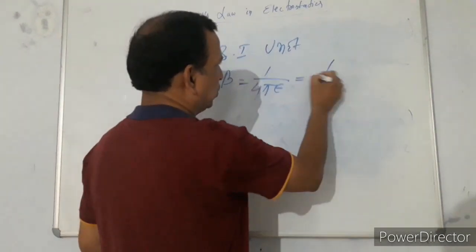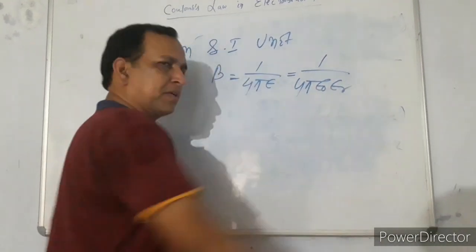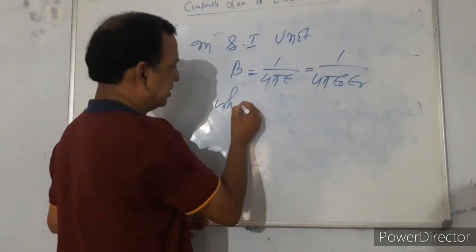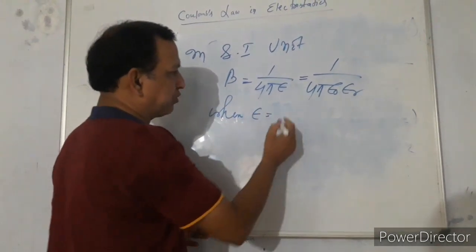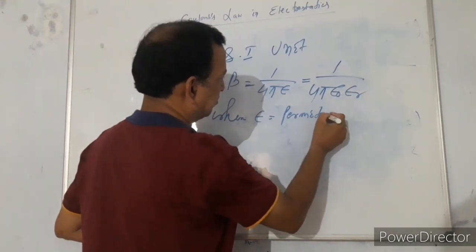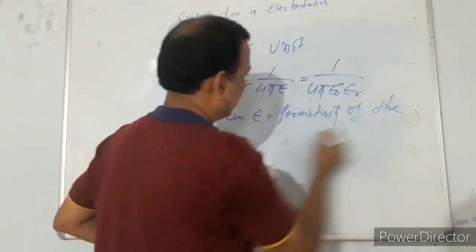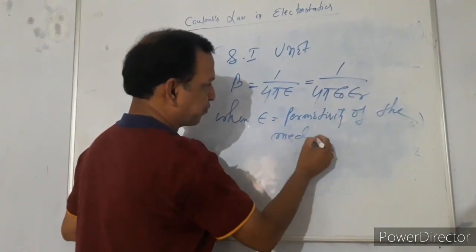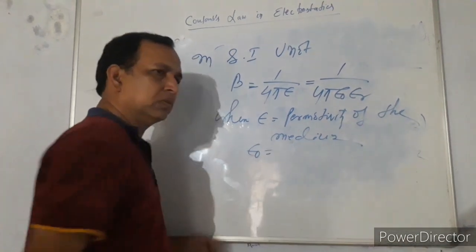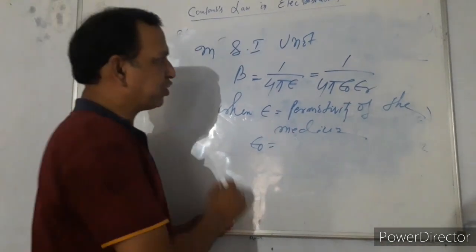That is equal to 1 by 4 pi epsilon naught epsilon r, where epsilon is the permittivity of the medium.